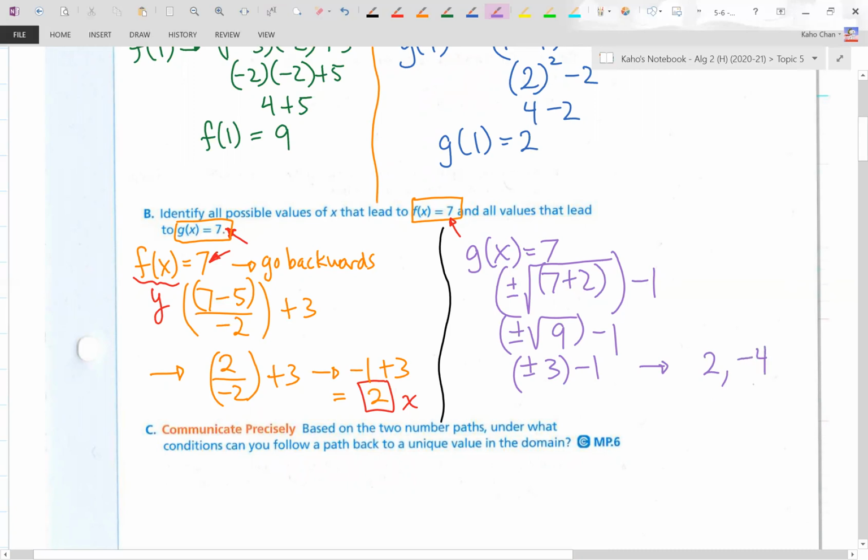Ladies and gentlemen, we have 2 answers for x. That leads us to that y value of 7. Ding, ding, ding. This is considered to have 2 solutions. Very interesting.